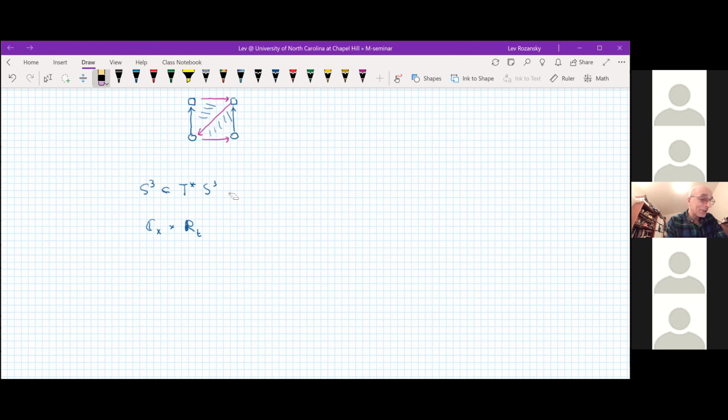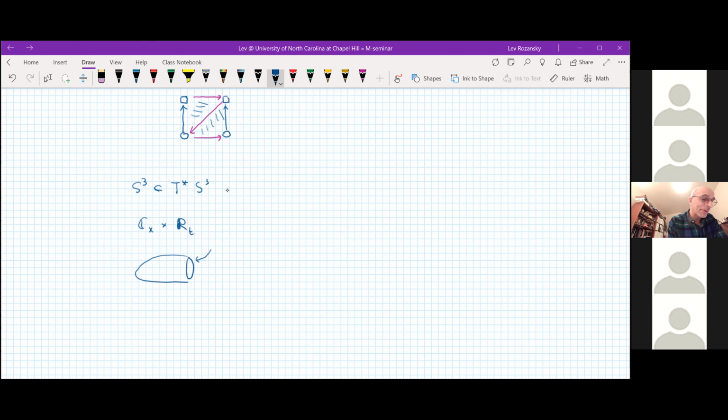Now this CX has a shape of a cigar because of the Taub-NUT metric. And your braids, they are kind of on the boundary, so they interpret this as a boundary. So their vertex operator algebras somehow sit on the boundaries.